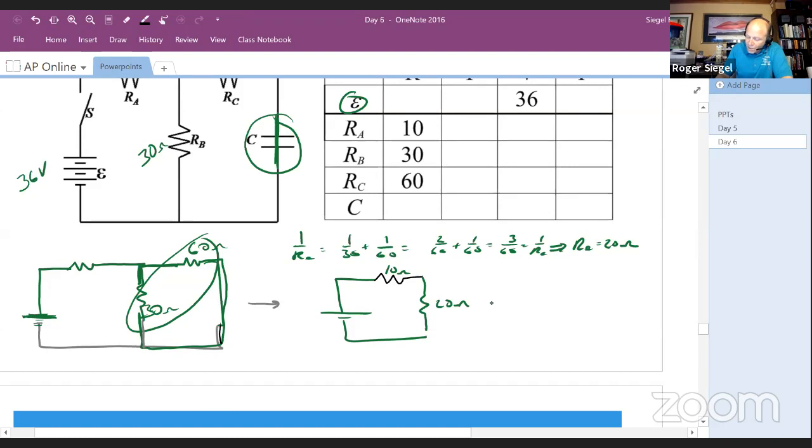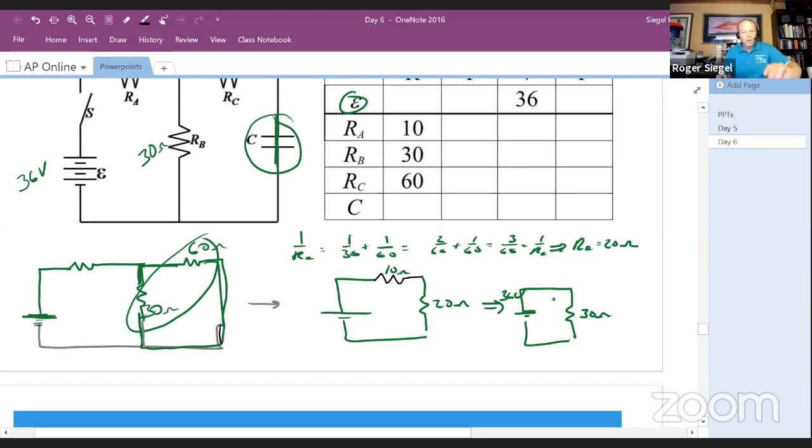I don't think I have to draw that one out. That's 10 plus 20 because they're in series, and when resistors are in series, we add them simply. So this is now a simple circuit with 30 ohms of resistance and 36 volts.